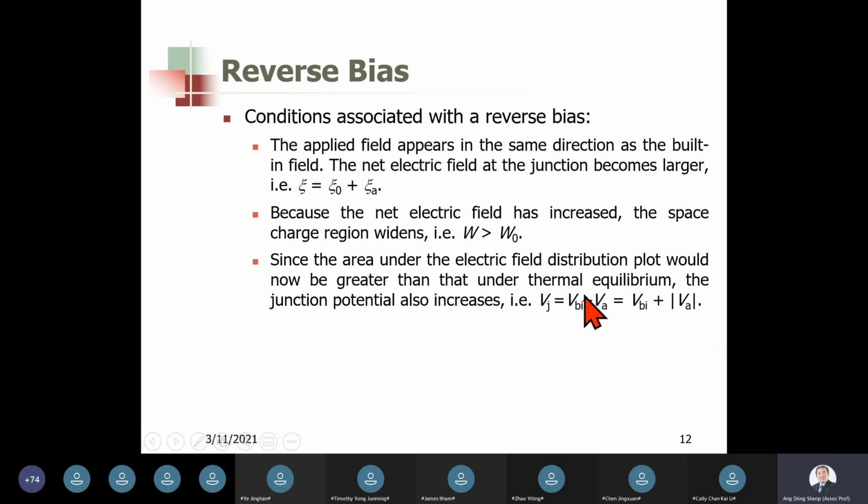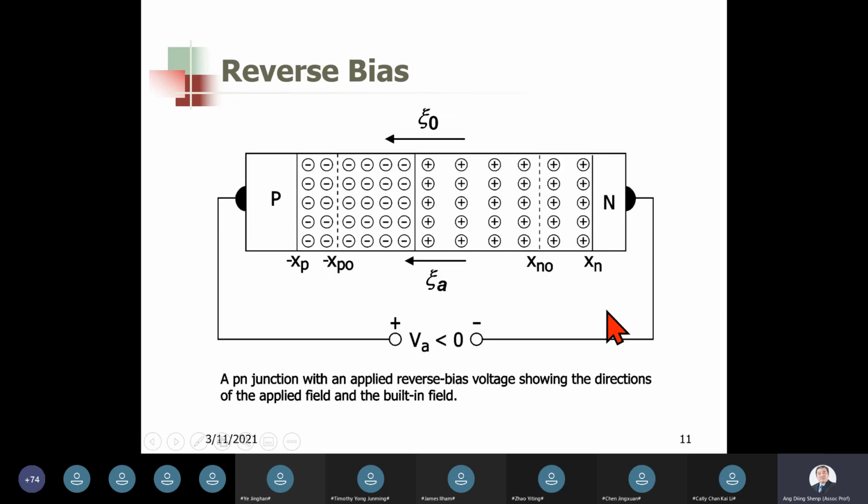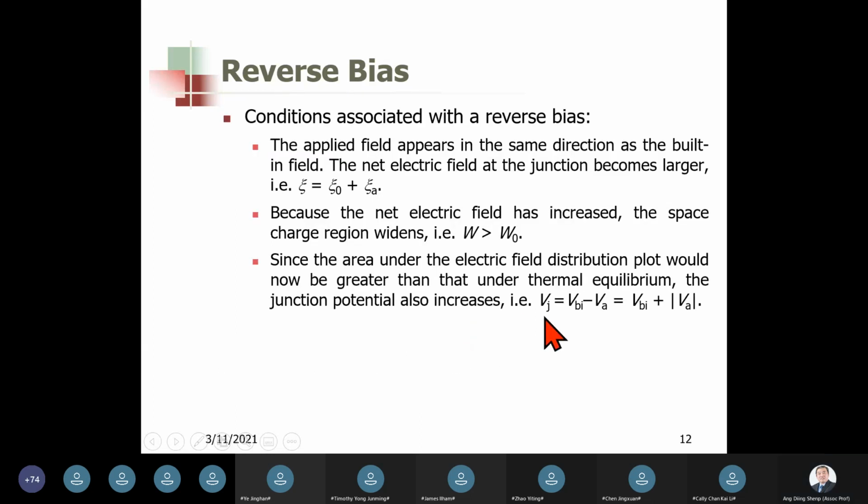All right, because under reverse bias condition, the built-in voltage and the applied voltage add up together to give you a larger junction voltage. Now remember, VA by this definition is a negative quantity. All right, so the VJ is actually larger than VBI under reverse bias condition.